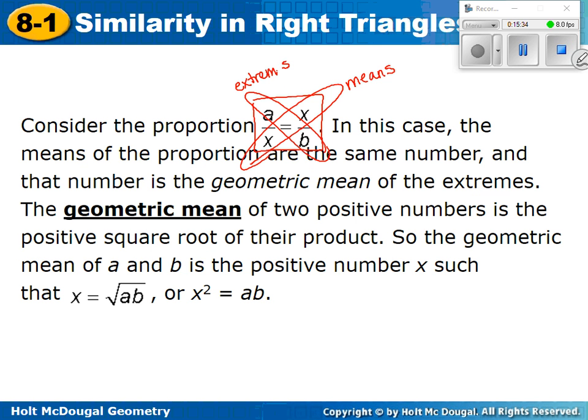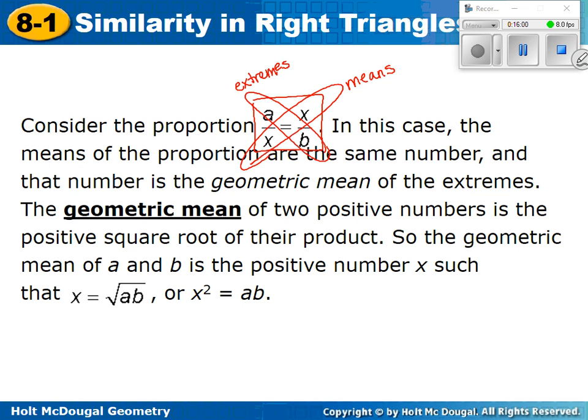So if they're talking about the means versus the extremes, the extremes go down from left to right, the means go up from left to right. It's not something you're really going to have to memorize, but to understand this paragraph, you need to know that information. Okay? So it says, consider the proportion. In this case, the means of the proportion are the same number. Do you guys see that these are the same, X and X?